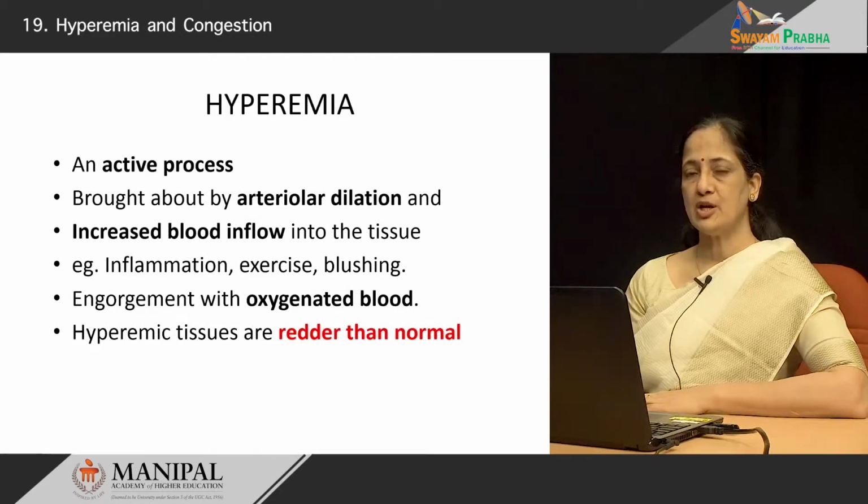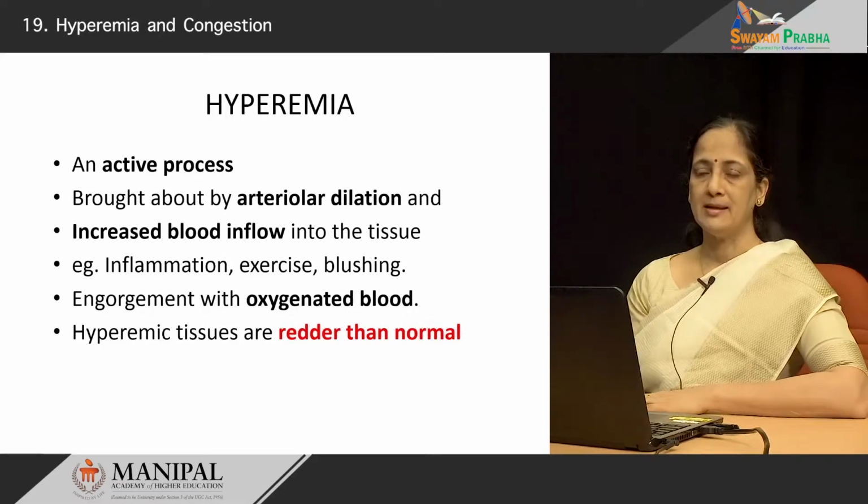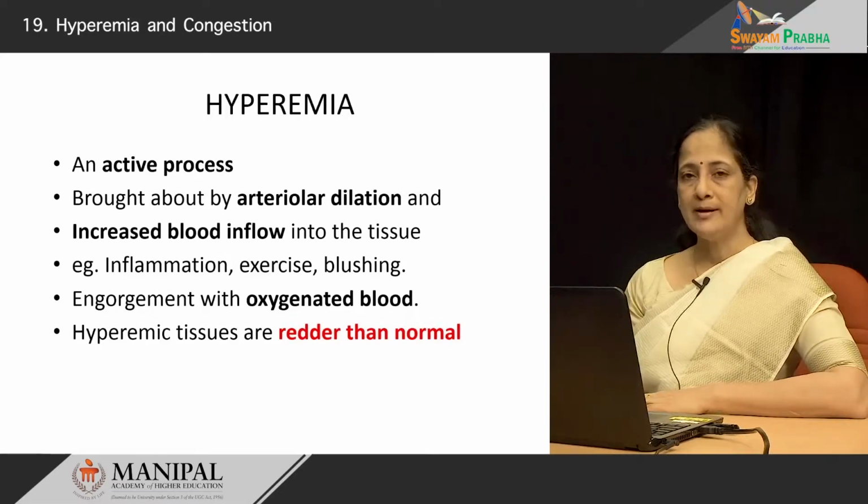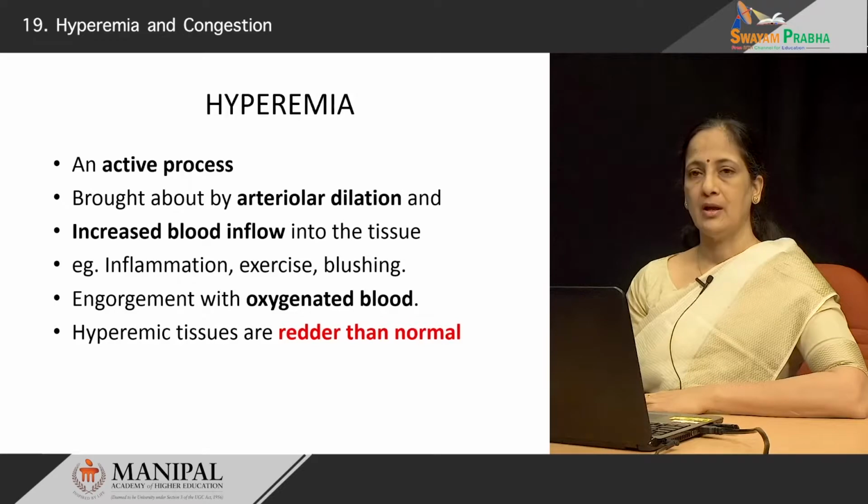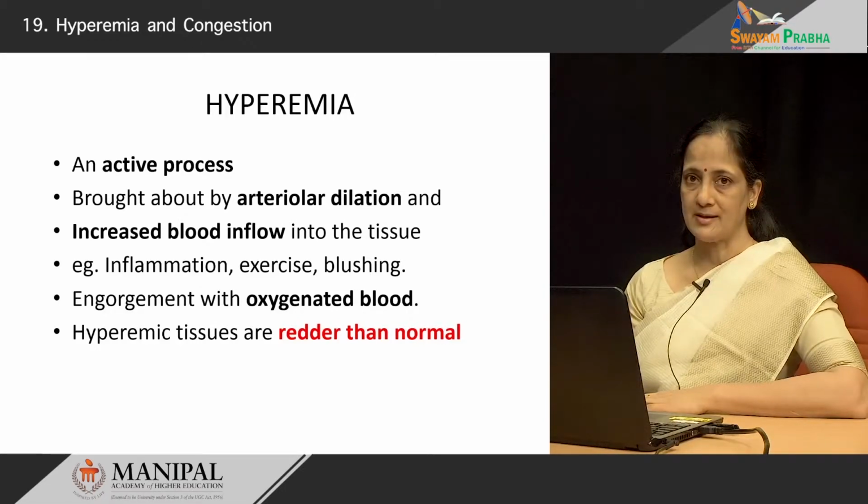A simple physiological mechanism of blushing is also by this same mechanism, where increased blood flow occurs into the arterioles in the cheek tissue. The tissue becomes engorged with oxygenated blood brought in by the arteriolar dilatation.